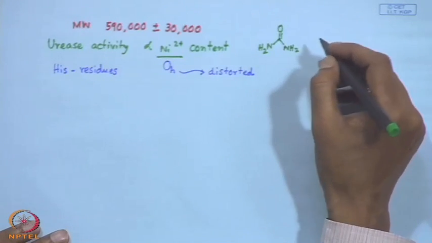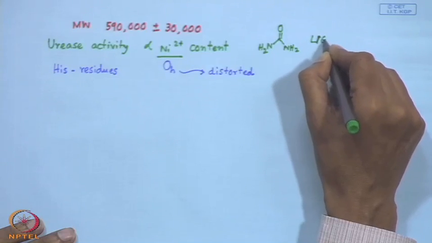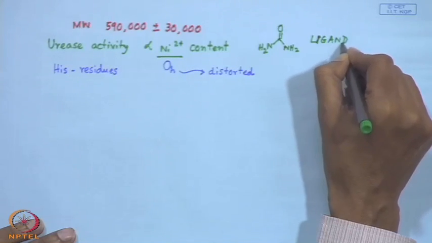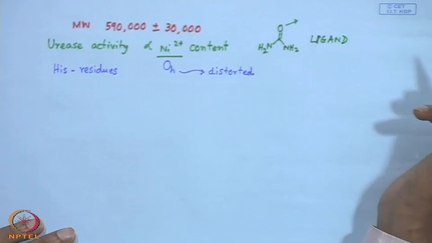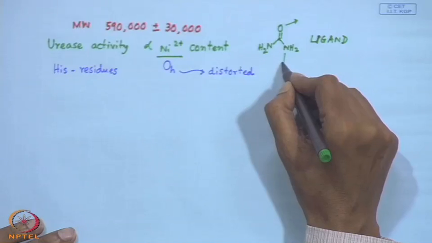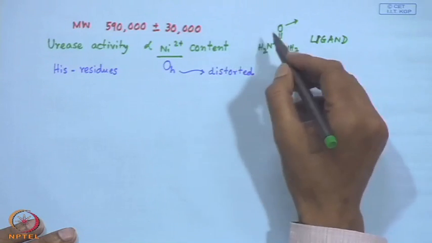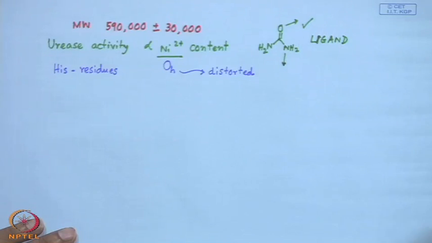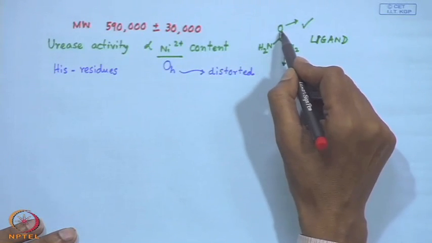So, this is your urea. If we think that this can function as a ligand, it can interact with the metal center through the oxygen lone pair or the nitrogen lone pair. In this particular case, we will see that your metal center is bound with oxygen.